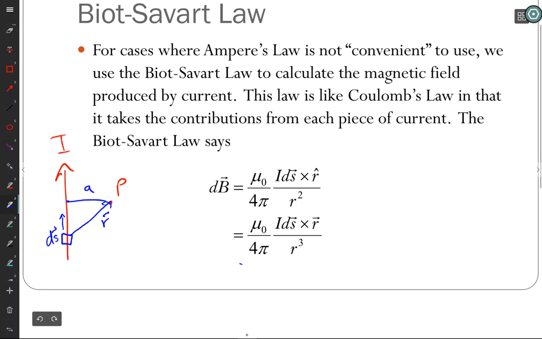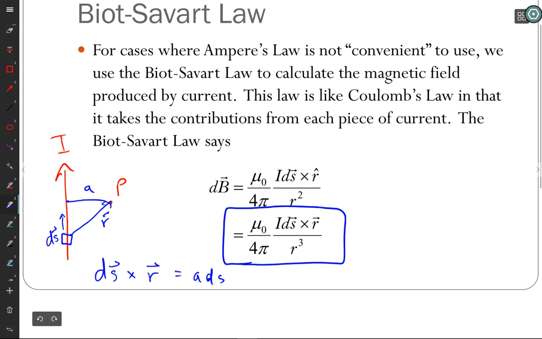So I actually solved it using this form, because for my case here, ds cross r vector is equal to a ds, where I've dropped the vector signs. Well, I'll put it in here so it still has the direction. It's a times ds. That was easy for this case.